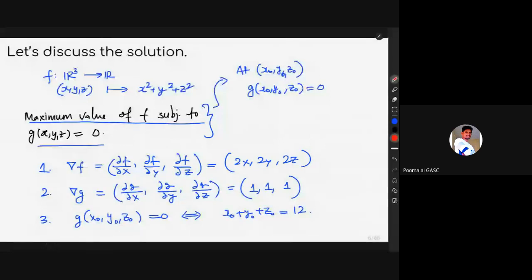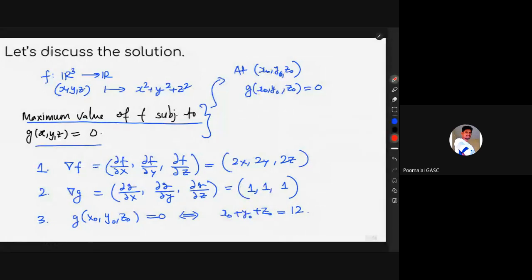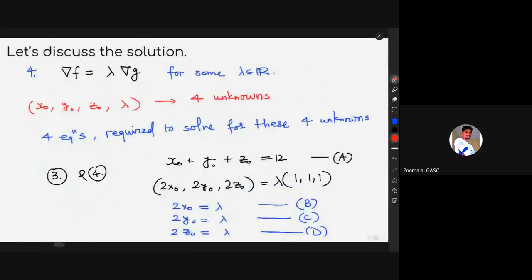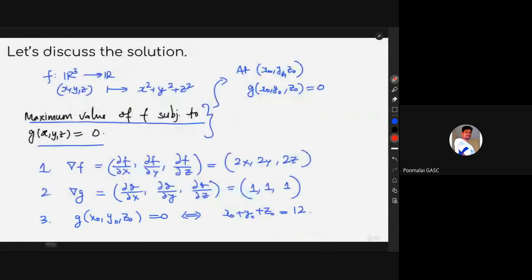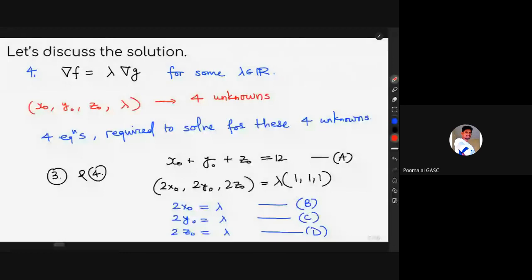Fourth point is that gradient of f must be equal to some lambda times gradient of g. So I have 4 unknowns to find out: x naught, y naught, z naught, and lambda. And we have 4 equations. First equation comes from point 3, and the remaining equations come from point 4.